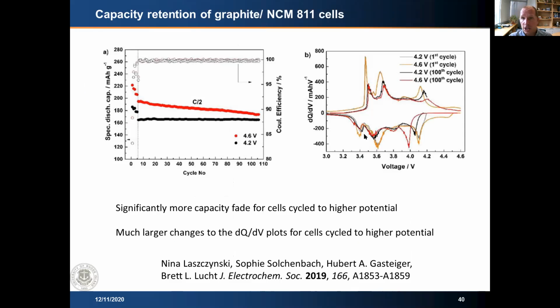If we look at the QDV plots for these materials, we can see that there are significant changes for the materials that are cycled to 4.6 volts and only very small changes for the cells that are cycled to 4.2 volts. Once again, what this is telling us is that there are changes and decomposition reactions within the bulk cathode materials upon these charging cycles.